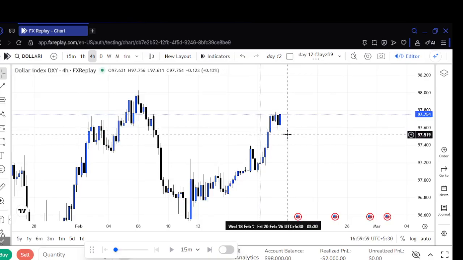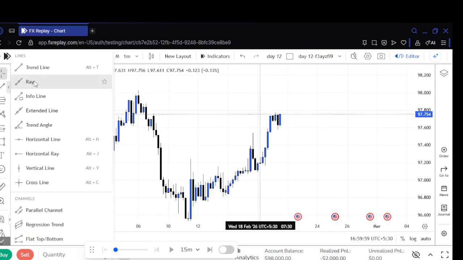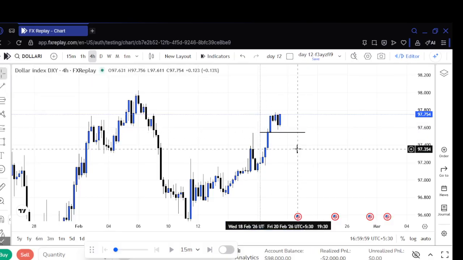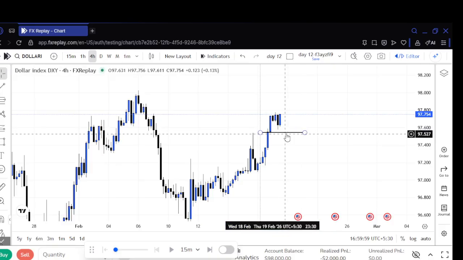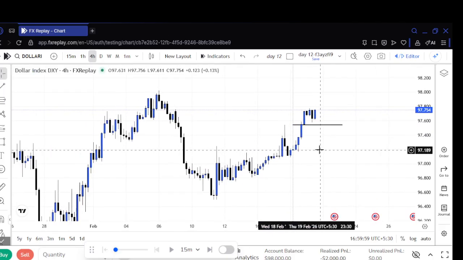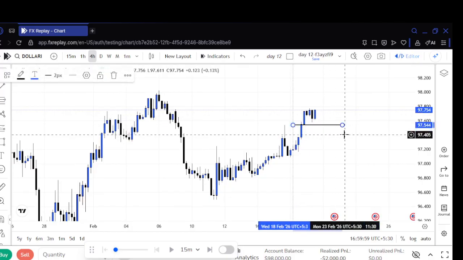There's a chance, a huge chance to come for this low as it's consolidating here. I think it might come down here.